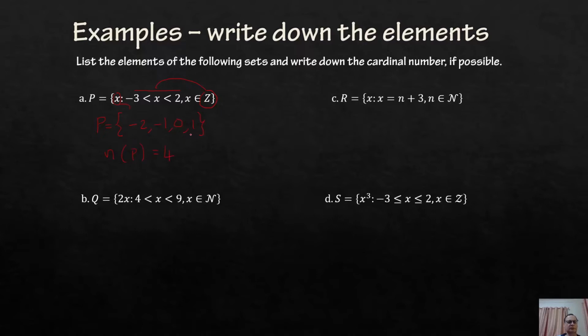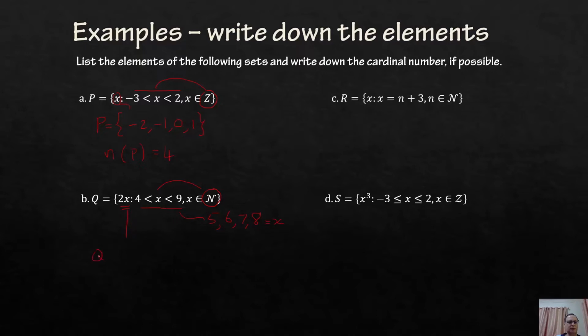There are 4 elements. In set Q, we are looking for natural numbers between 4 and 9 first. So that would be 5, 6, 7, and 8. So these are the natural numbers between 4 and 9. But this tells us to write the value 2x. These are the x values here.